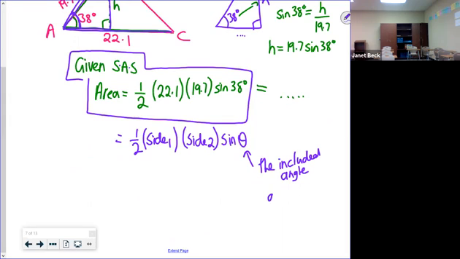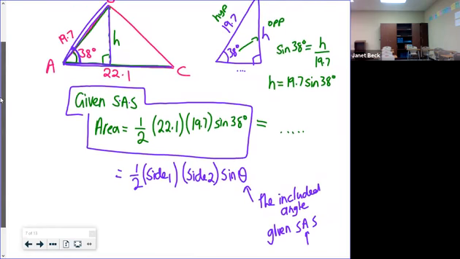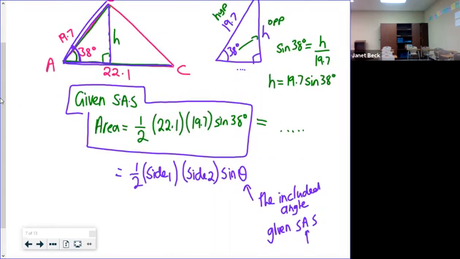Remember, when you've been given side, angle, side, that's your angle that's between those two sides. We're going to have some of these examples on the quiz that you do on Thursday. You just type that into a calculator. I can't bother to pick up my calculator right now, but that will give you the area of that triangle.